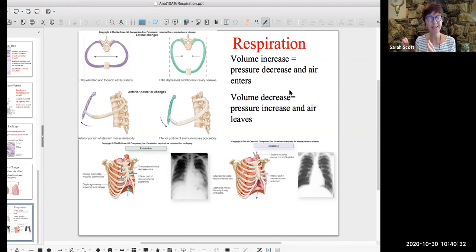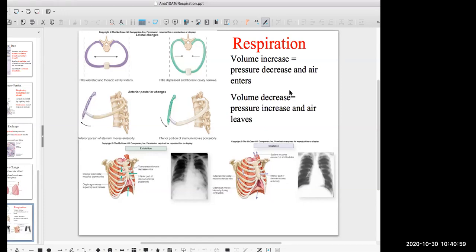The effect is that pressure is altered and air moves in or out of the body. Okay, all right, I'm getting it now. Good. We feel like we suck air in when we inhale. But actually, we just change the volume, which changes the pressure, which pulls the air inward because the air is moving to an area of less pressure.